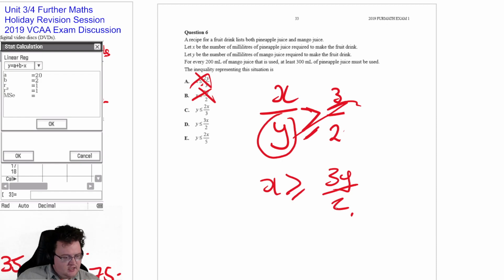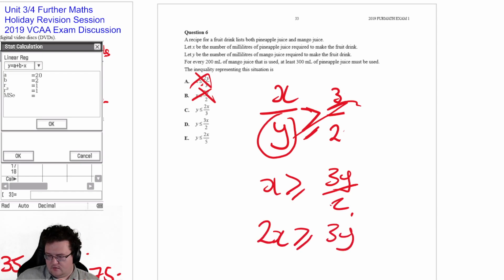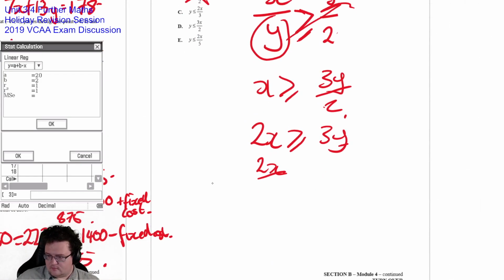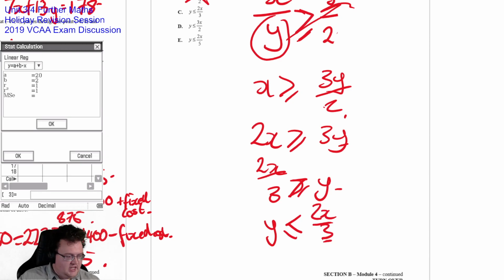If I take the 2 up, I get 2x, 3y. If I take the 3 down, 2x over 3 greater than or equal to y. And then I can just flip that. So the answer is C.